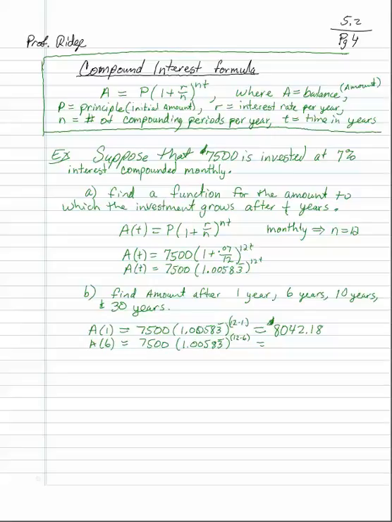Usually in class, I would have time to help you with the calculator, but you're on your own here. 1.00583333 to the 72, and we get 11,400.79.